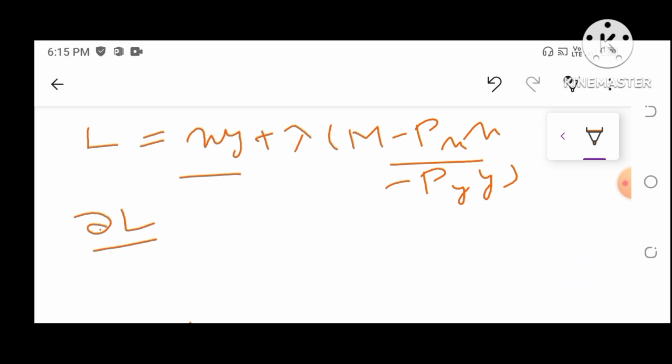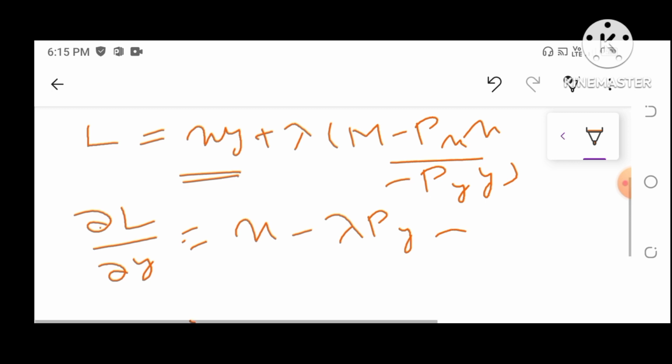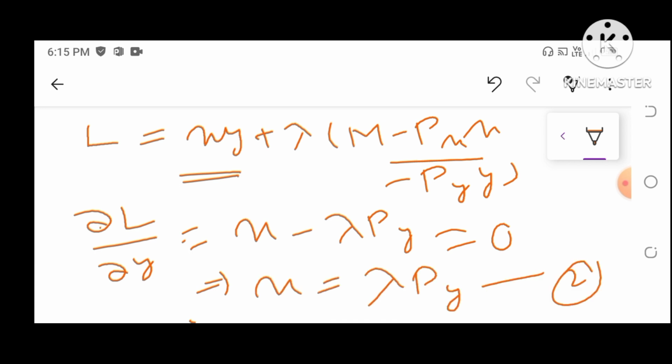Del L with respect to y, from this we get x, and from this we get minus lambda py, equal to 0. That implies x is equal to lambda py, which is our equation 2.